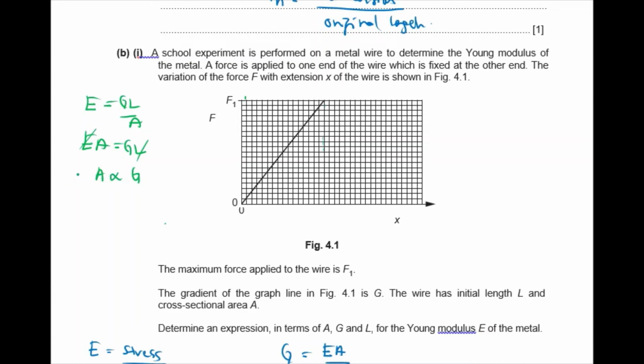If the area increases by four times, the gradient increases by 4 times. So here is 16 boxes, so here draw 16, 4. So draw a straight line. Okay.